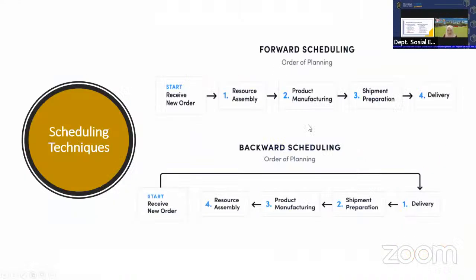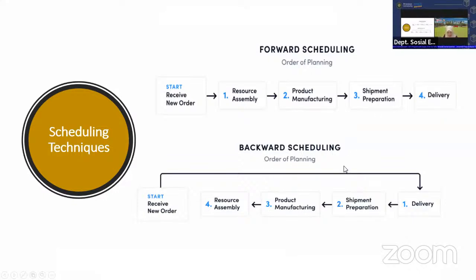Alright, so this is to show the scheduling technique based on the diagram. For the forward scheduling, as I mentioned to you, we can start immediately, as soon as possible. The moment we receive a new order, we can have resource assembly, and then product manufacturing, and after it is manufactured, we have a finished product, and we can have shipment preparation and delivery.